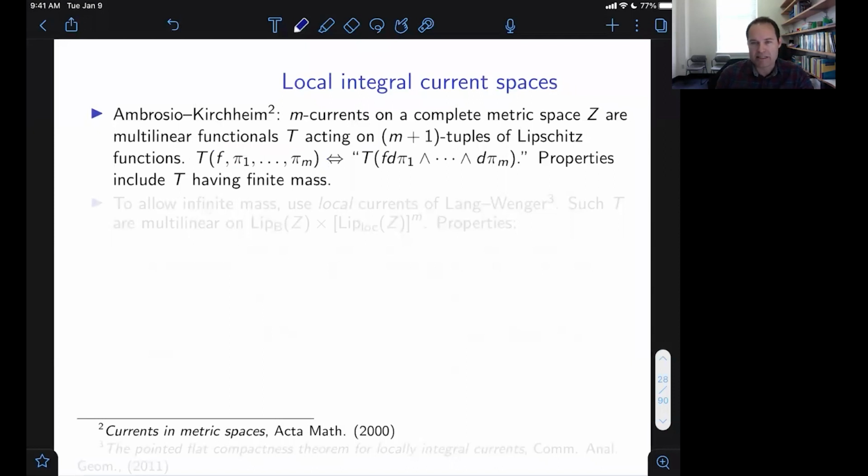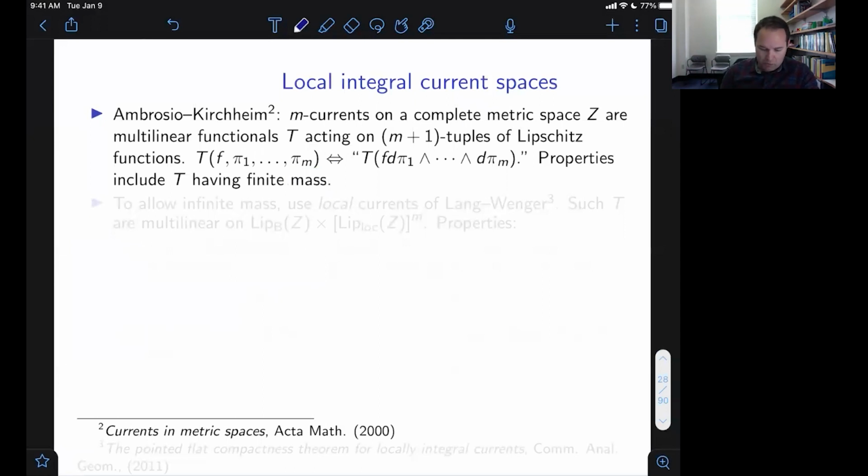There are a number of properties they must have besides multilinearity, but one of the properties is finite mass. Mass, by the way, is a bit of a terminology clash: mass in measure theory is a different thing from mass in general relativity, but both of these words are going to get used here. Essentially, this is saying finite volume.